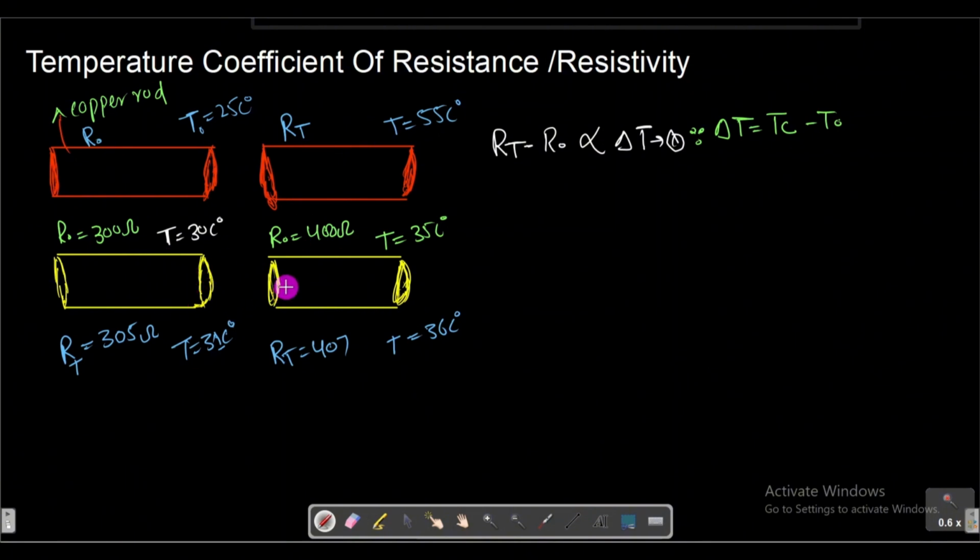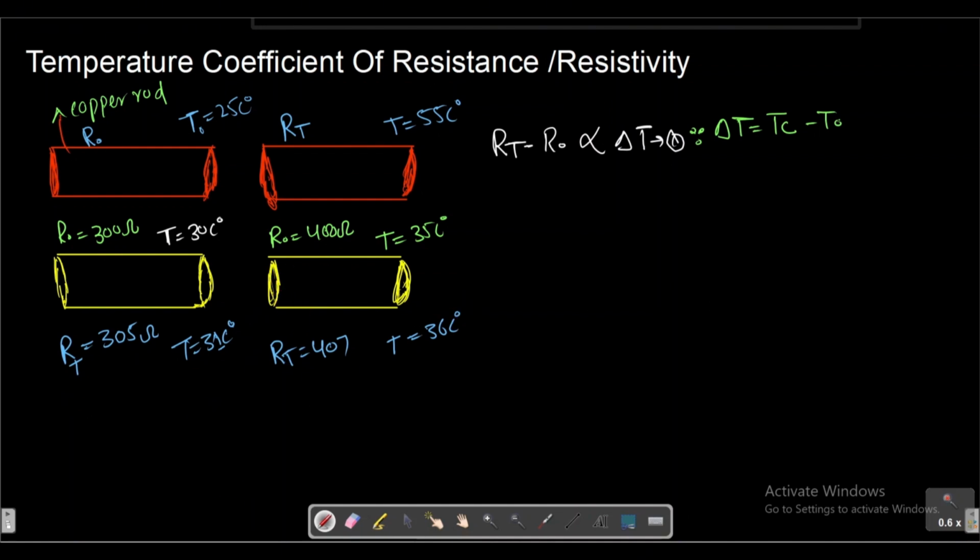The oscillation and vibration motion of the atoms of the copper present inside this rod is different. So therefore, by increasing only 1 degree, the overall effect on this copper will be different. Therefore, the change in resistance will not be the same.